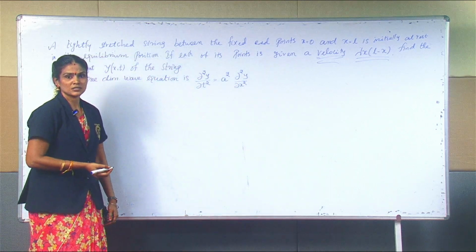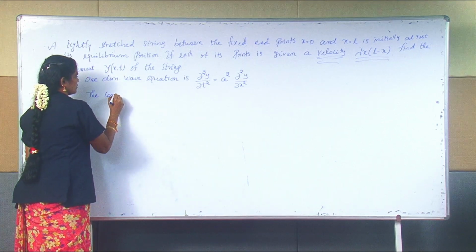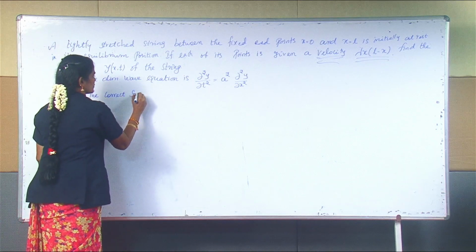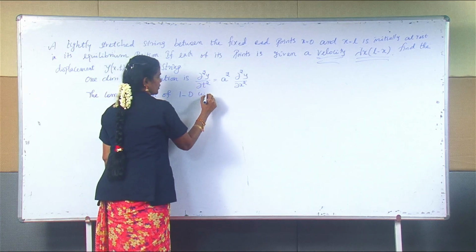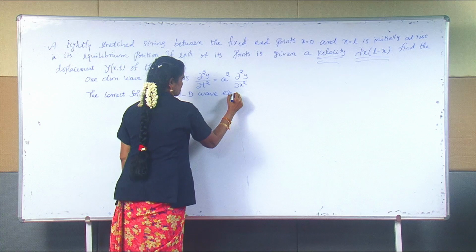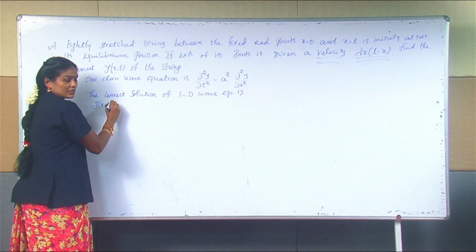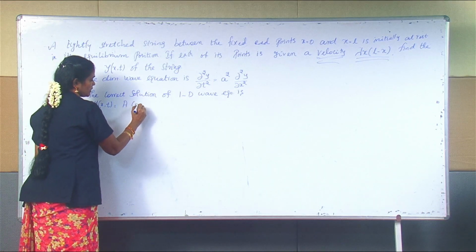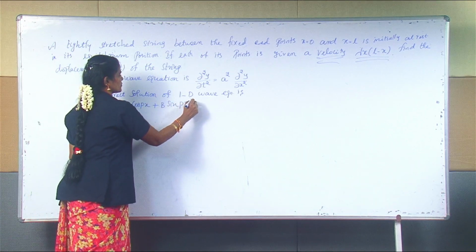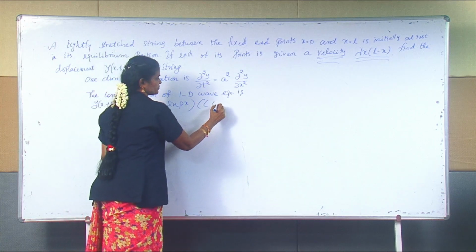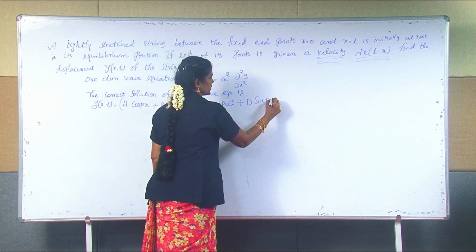Next you have to consider the correct solution of the one dimensional wave equation: y of x comma t equal to a cos px plus b sin px into c cos pat plus d sin pat.